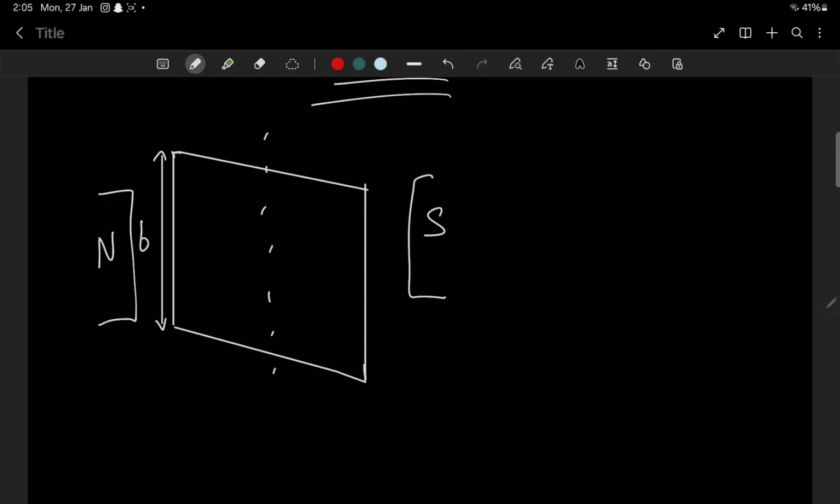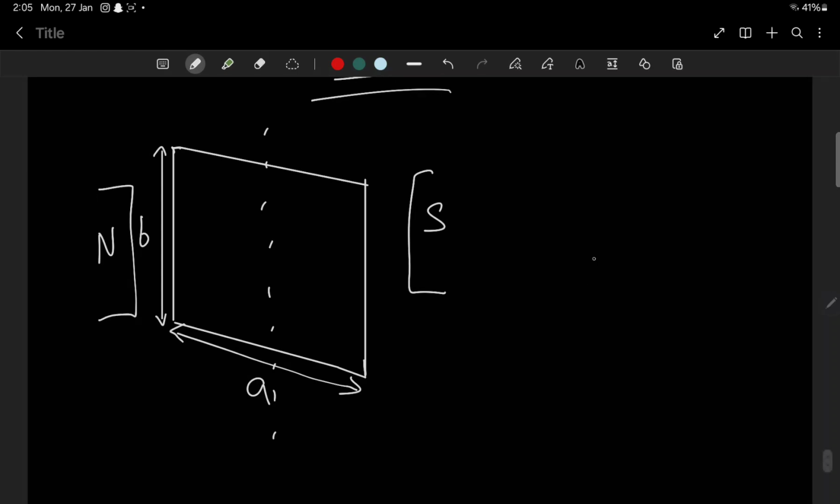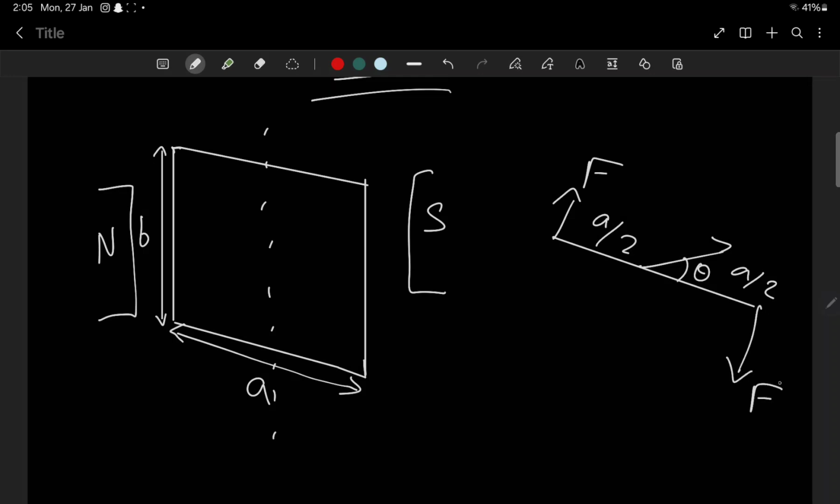This is B, this is A. I'm taking one arm and writing the equation. There is a force like this, and the arm makes an angle (90 minus theta).